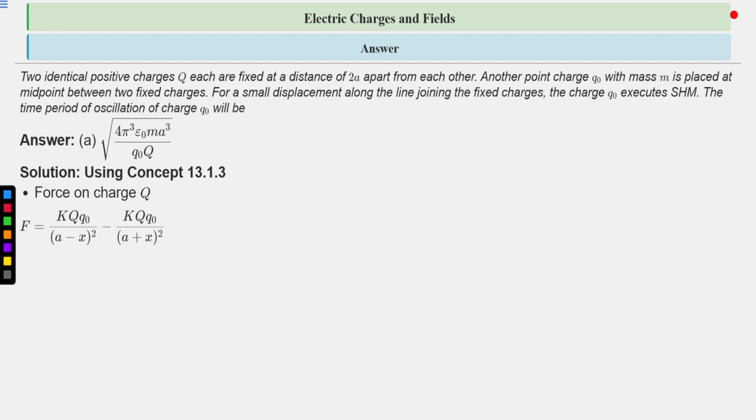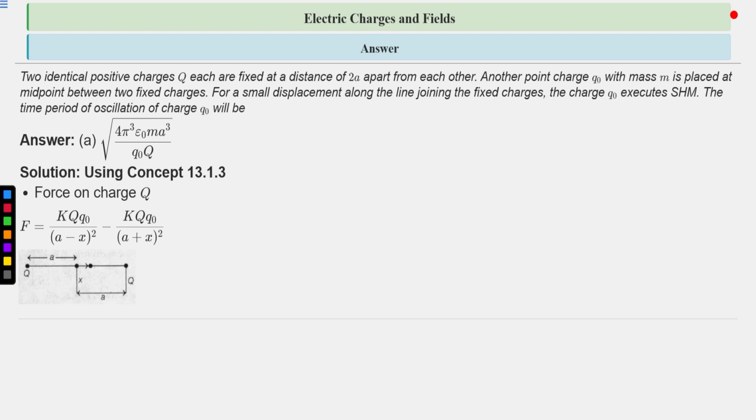Means there is a charge Q naught placed at the midpoint of two identical charges Q, and we are giving it a small displacement x, like in this diagram.